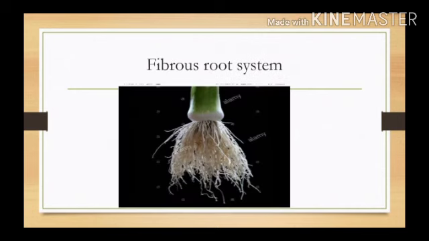Thread-like or fiber-like roots arising from the stems are called fibrous roots. Thus, there are two main types of roots, taproot and fibrous roots. Dicotyledonous plants have taproots while monocotyledonous plants have fibrous roots.